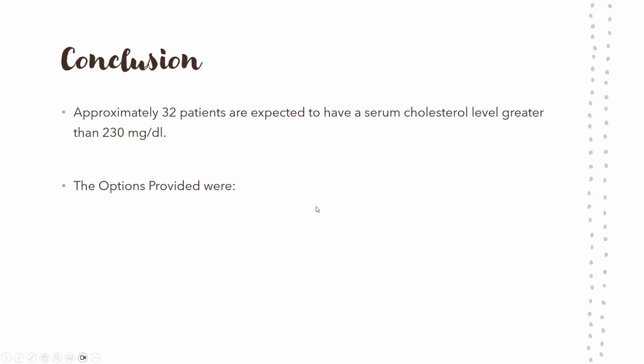Because it was a multiple choice question, the options were A, 16, B, 32, C, 84, D, 95. The correct answer is option B, 32 patients.